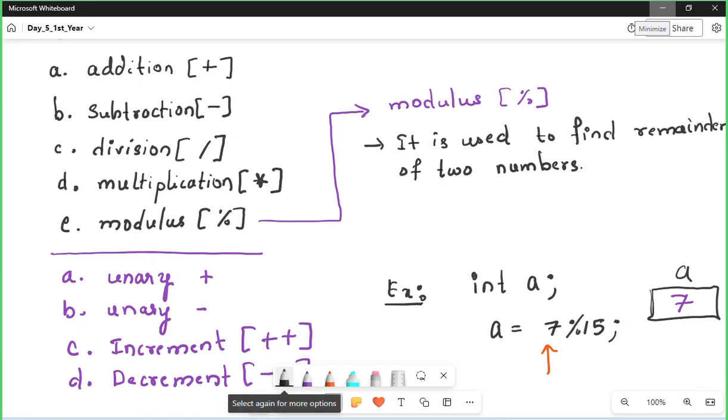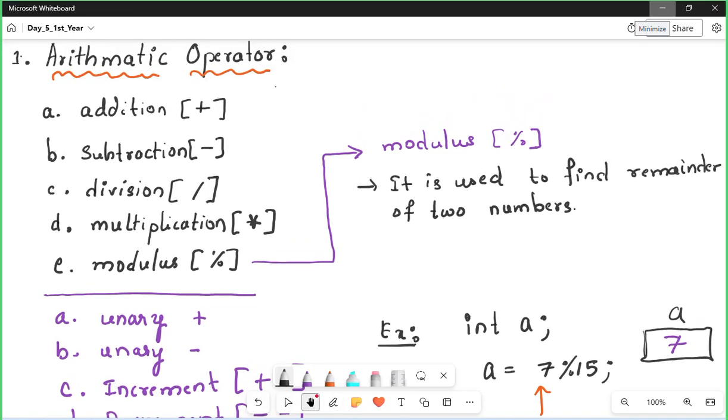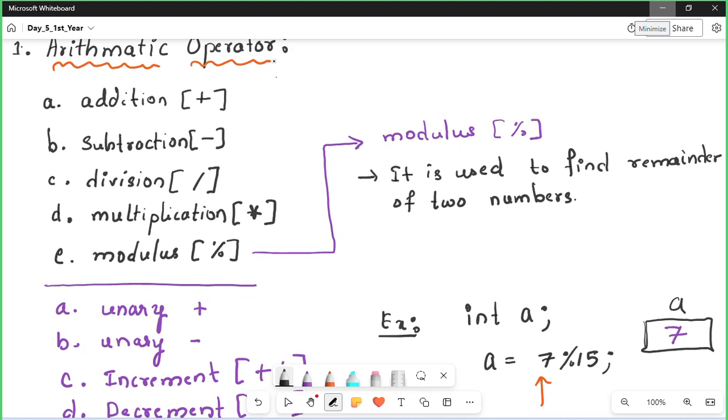Next comes priorities. There is another piece of information that everybody must be aware of: the priority of these arithmetic operators. The highest priority goes to multiplication and division, both. Whichever comes first, we need to solve that first.